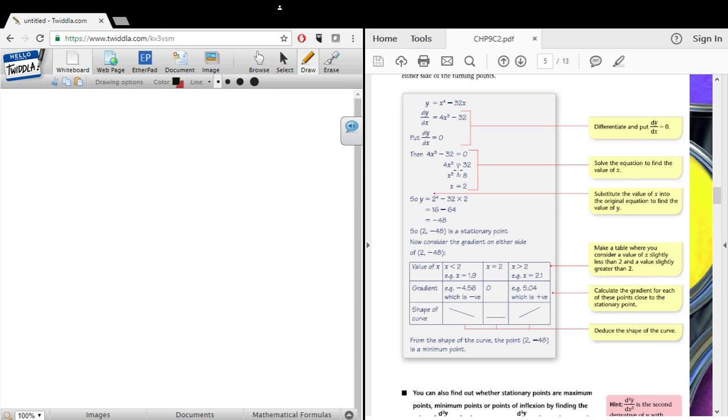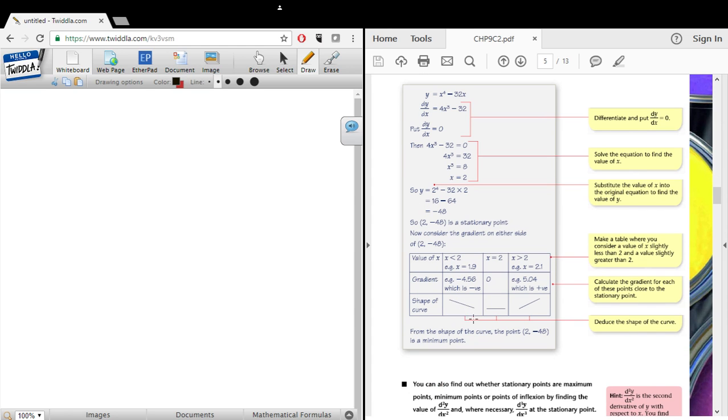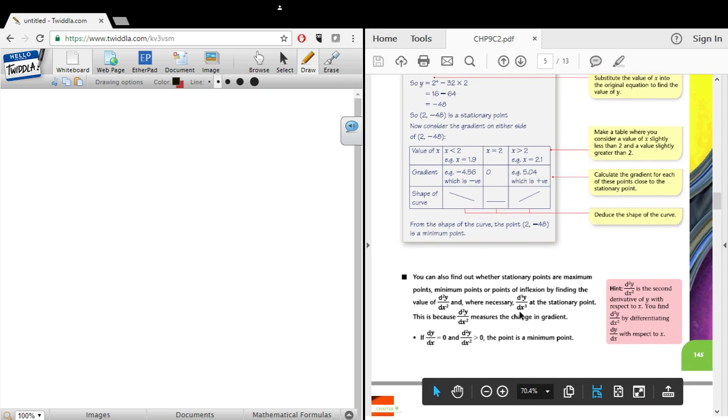So they've put the x values into the gradient, got their results, whether positive or negative, and then they can illustrate using the curve how the diagram will be constructed. The shape that it forms indicates that it will be a minimum. This is a bit of a long method.